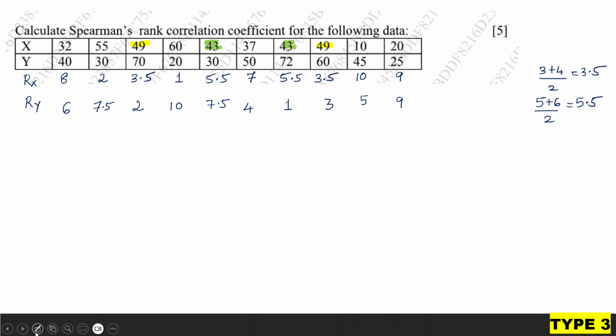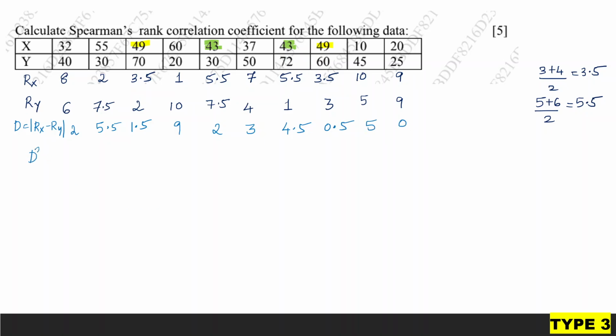Once the ranks are written, again the same process: calculate D, which is the mod of Rx minus Ry. So the difference of 6 and 8 is 2. Here the differences are 5.5, 1.5, 9, 2 again, 3 here, 4.5, 0.5, 5 and 0.